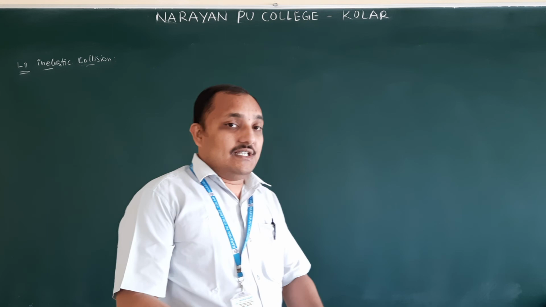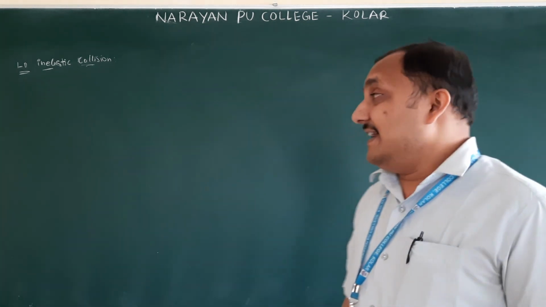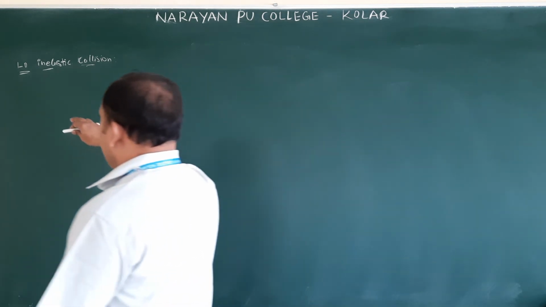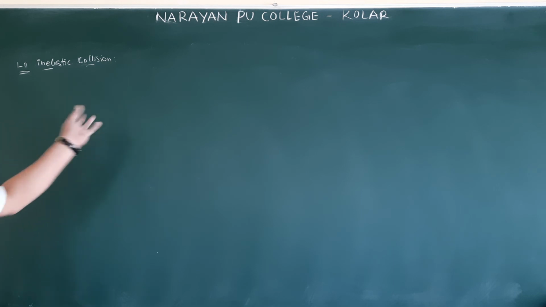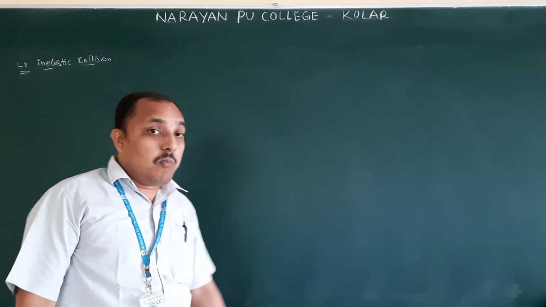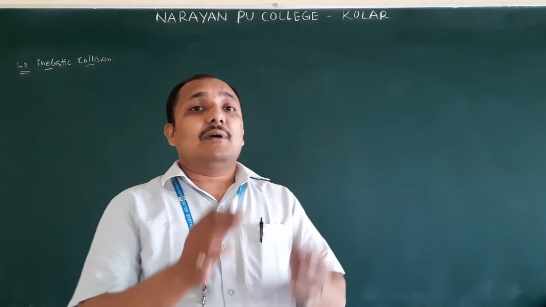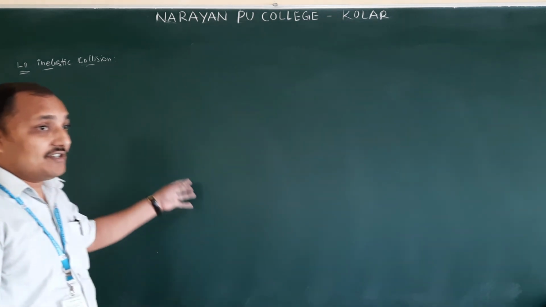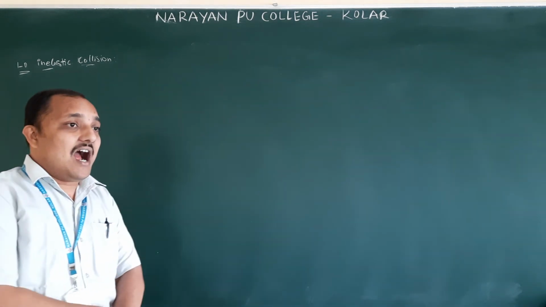It means the collision in which only momentum is conserved but not kinetic energy. So that is called inelastic collision. In inelastic collision, both the objects will move with the same velocity, or common velocity, after collision.